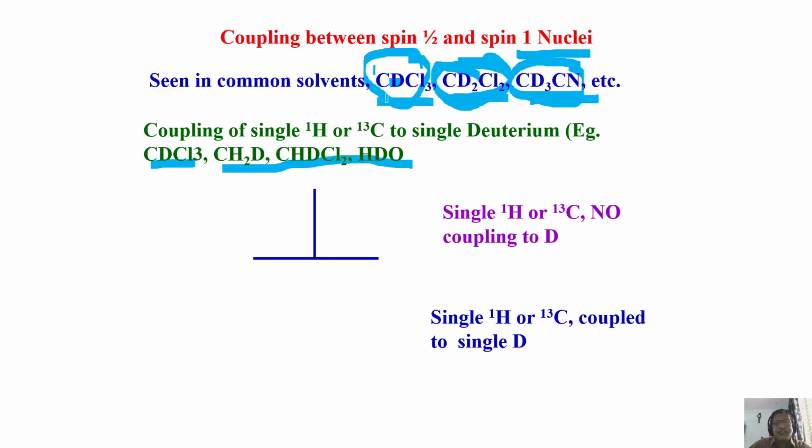Whether it is CHCl3 or CDCl3 doesn't matter, and whether I am looking at proton NMR or carbon 13 NMR does not matter. I get a single peak.